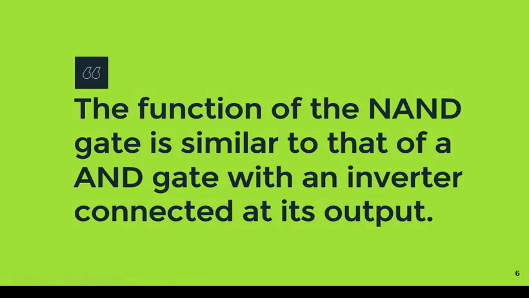Okay, so the function of the NAND gate is similar to that of an AND gate with an inverter connected at its output, right? So that is why when we look at the symbol for the NAND gate, it looks similar to the AND gate. The only difference was the bubble at the end, and that bubble serves to invert whatever value was present at the output.